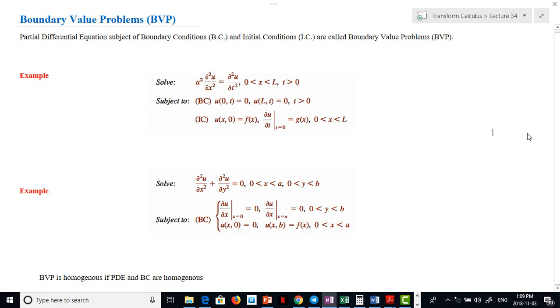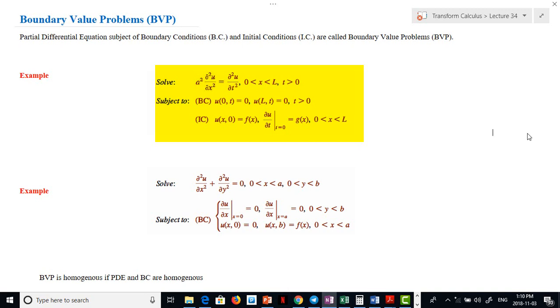Now we want to talk about boundary value problems. Boundary value problems are, in fact, partial differential equations subject to boundary conditions and initial conditions. For example, here we have a partial differential equation: a squared times the second derivative of u with respect to x is equal to the second derivative of u with respect to t.